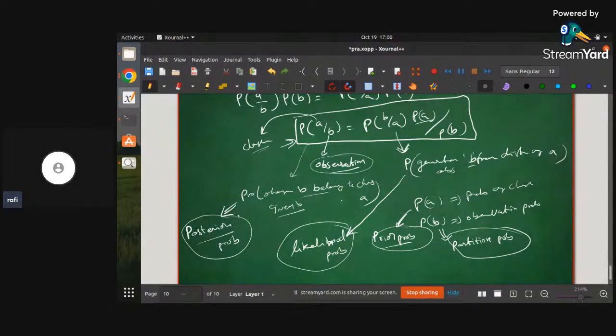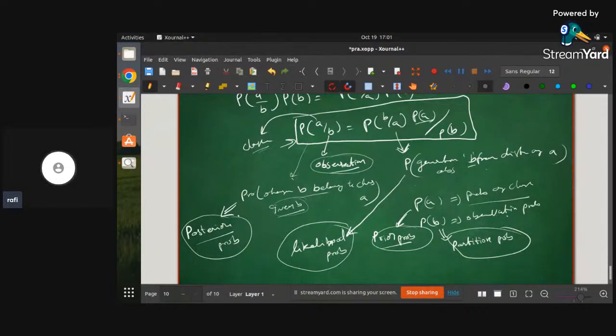It is the probability of a particular observation belonging to a class, given the observation is already there with you. And what is the likelihood? Likelihood: given the distribution is already there with you, what is the probability of this data being generated from the distribution? And probability of A is the probability of class. That means with what probability, what are the chances of choosing that class.